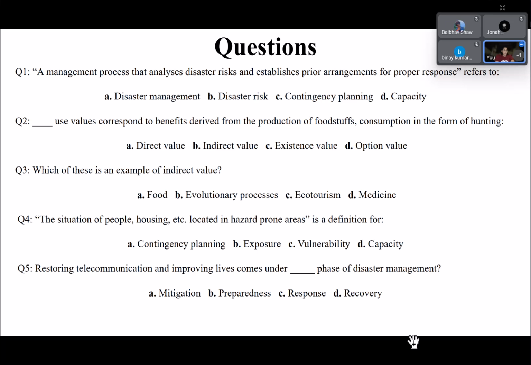And in disaster management, just for you to be clear, there were 12 terms that were discussed from the perspective of how they are related to disasters. Terms like, if you remember, capacity, critical infrastructure, contingency planning, hazardous event. These are different.